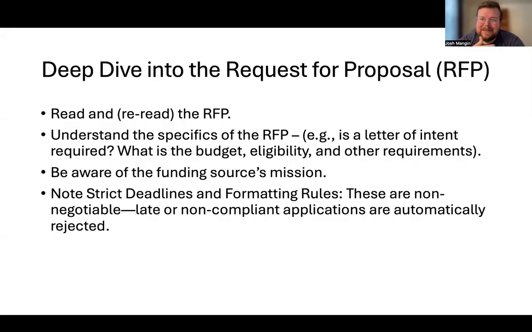So again, really understand the mission of what they want to do because that's how we can communicate how our research and the impact that research may have aligns with the mission of the organization. Your opportunity or chances increase if your grant aligns with the mission of the funding source.